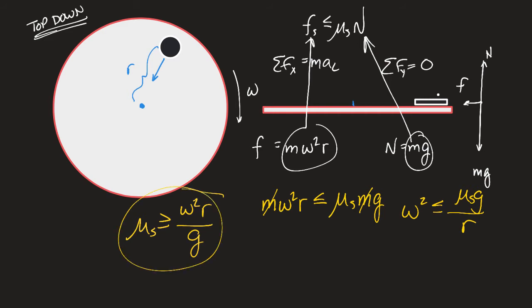I like to stay in variables because it gives you flexibility. There's clearly a coefficient of friction that I need to stay greater than if I want to keep the coin on the table. Or there's a speed that I have to stay under if I want to keep the coin on the table.